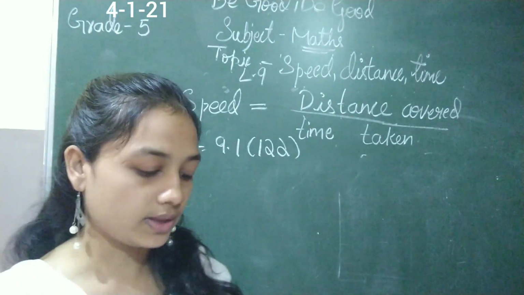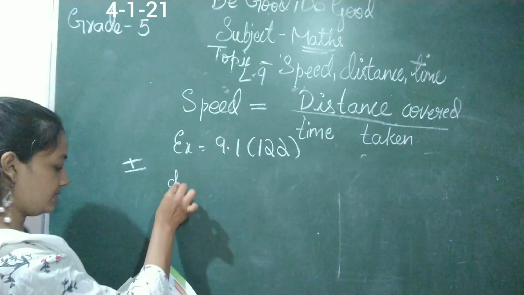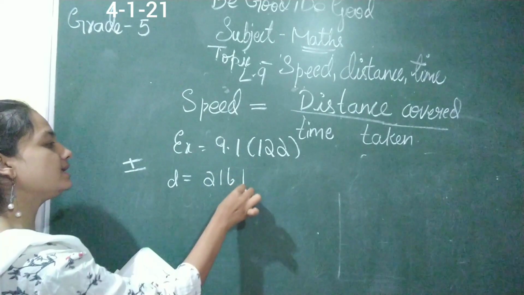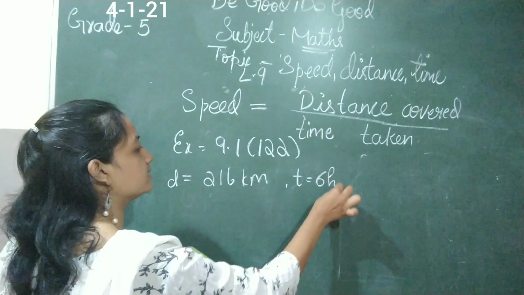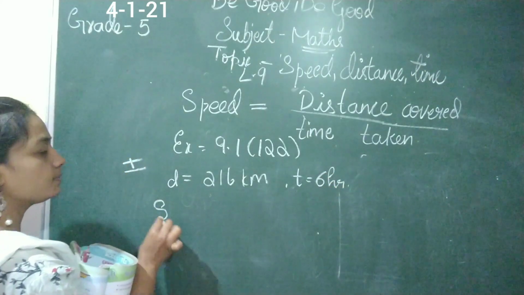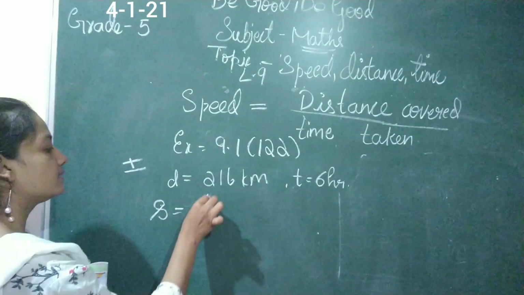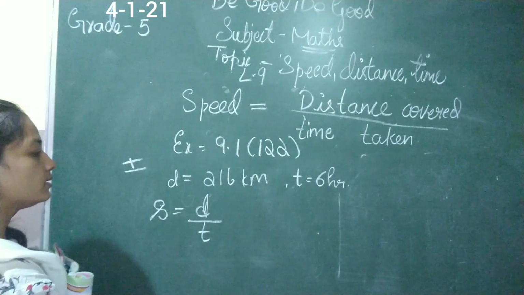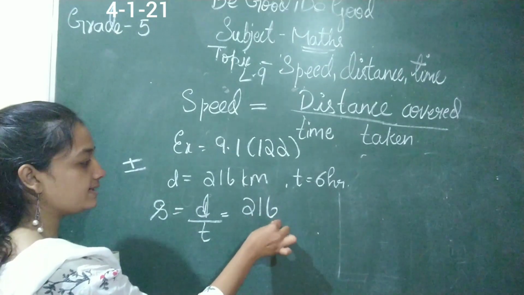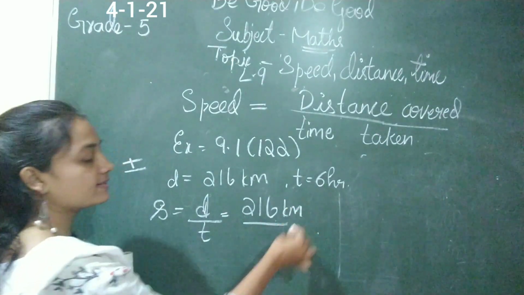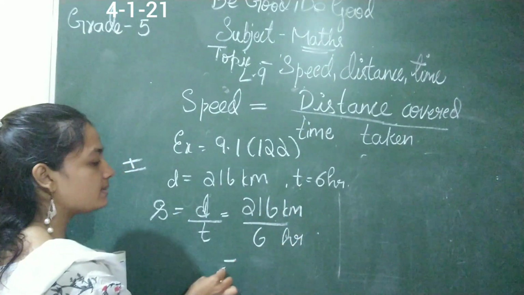So let's see this first one. D means distance. Distance is equal to 216 kilometers, and time is 6 hours. First, what is the formula for speed? Distance by time, right? And what is the distance here? 216 kilometers. This is important. By time, 6 hours. So what will be my answer?